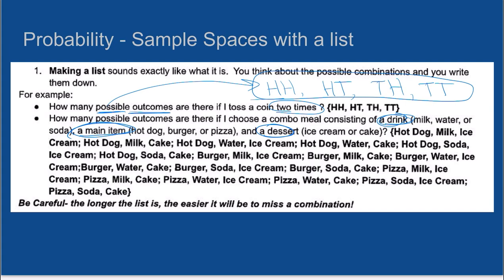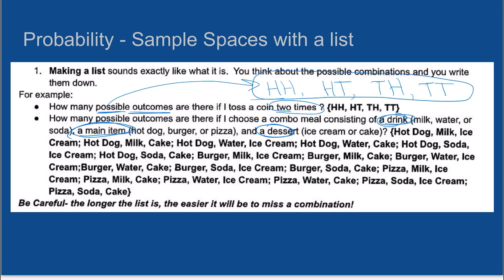Well, if I would do a list like I did with my coin toss, I would have to go hot dog, milk, ice cream. Hot dog, milk, cake. Hot dog, water, ice cream. Hot dog, water, cake. Hot dog, soda, ice cream. Hot dog, soda, cake.